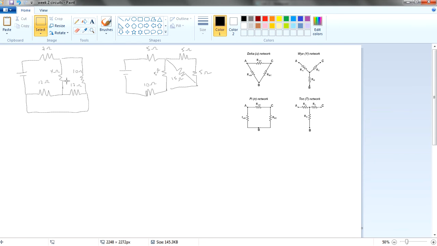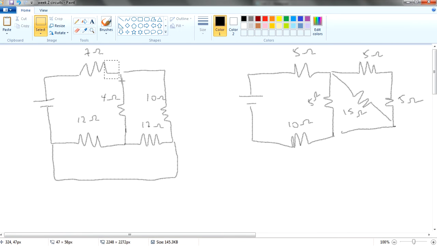Okay, the number of path split. Let's take this one. This is the point where it splits, right? It splits into two portions, and this is the point where this line meets with this.